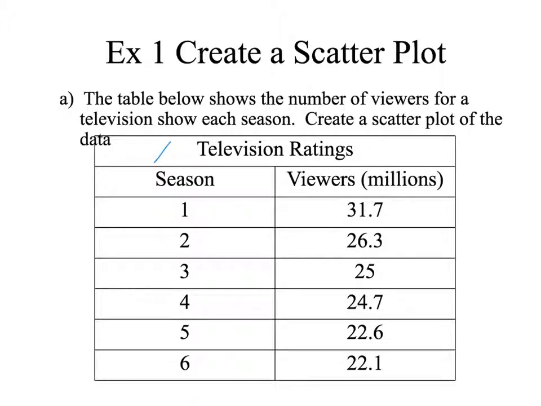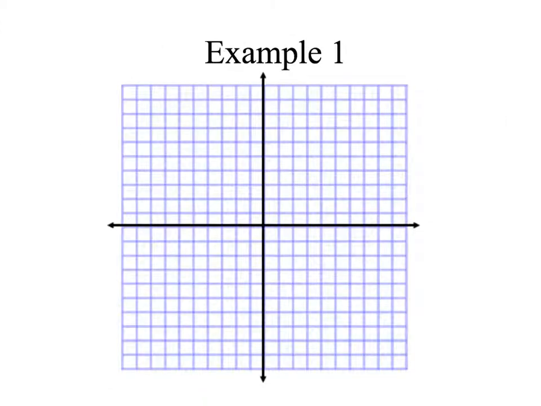In the chart, remember that your x-axis is always on the left-hand side and your y-axis is going to be over on the right. So we have our seasons here, and we have our viewers over here.